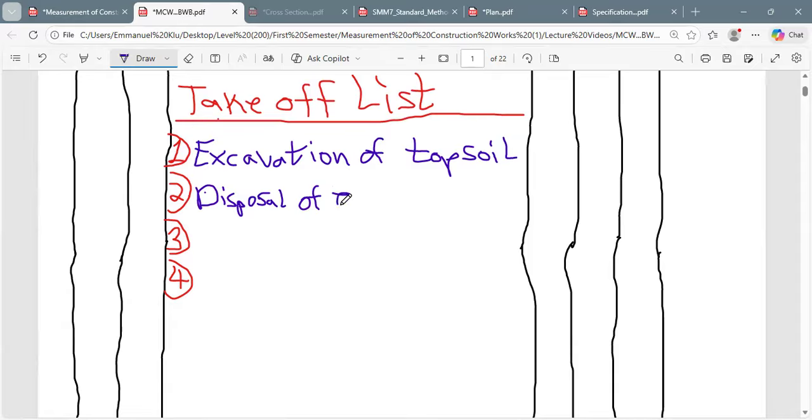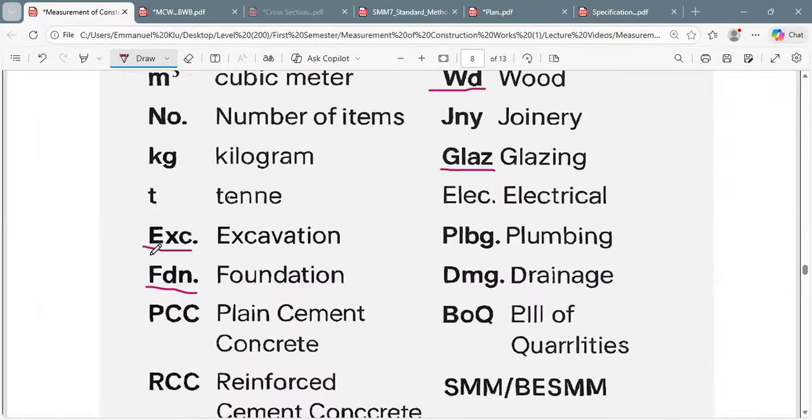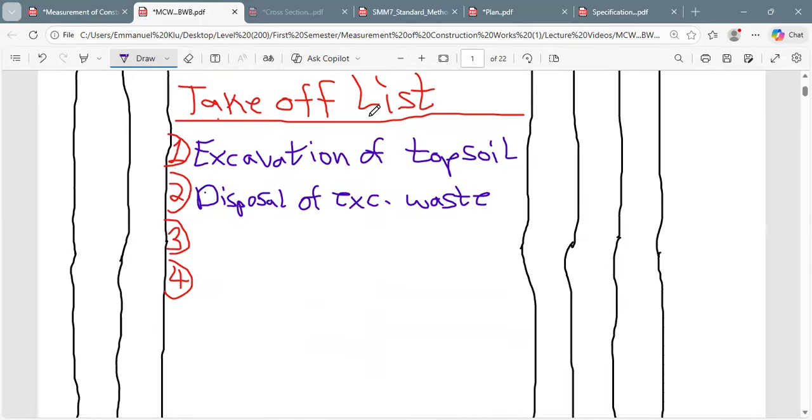I showed you the shortcut. If I write it this way, you don't get confused, right? Excavation is written as a shortcut of this. Look at this drawing. You see how they've written excavation. This is it over here. That is the shortcut of it. Thank you very much. Let's proceed.